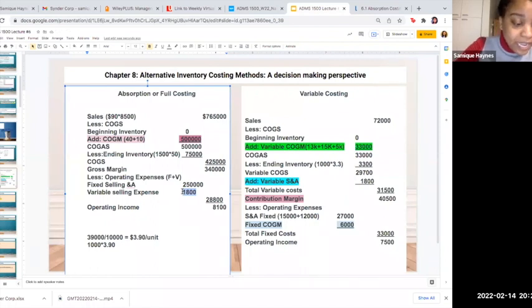So that's 9 times 8,500, right? Remember, our period costs are not about what we produce. Period costs is about what we sell. So that's 76,500. So 250,000 plus 76,500 is $326,000.